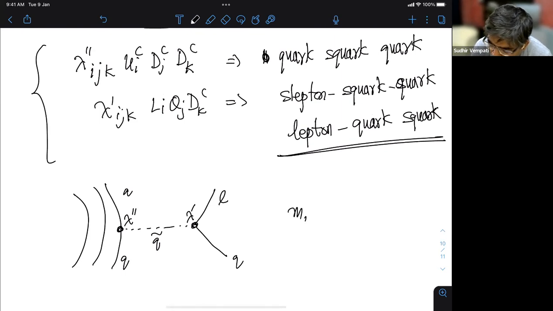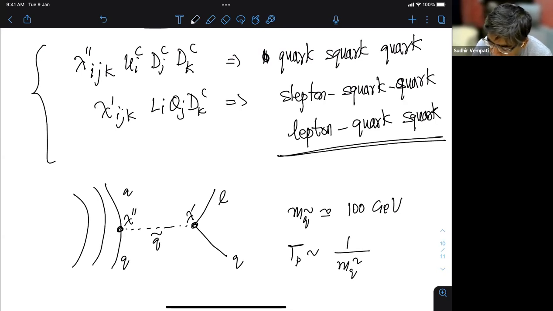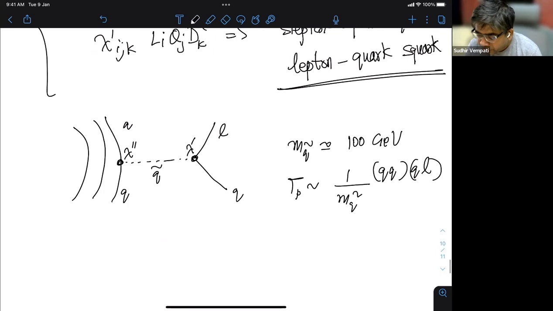and if M_Q tilde is around 100 GeV, so tau_p or gamma_p would be around M_Q tilde squared. You can integrate this out and have an effective operator, which will be just like a QL effective operator, which is very, very large.